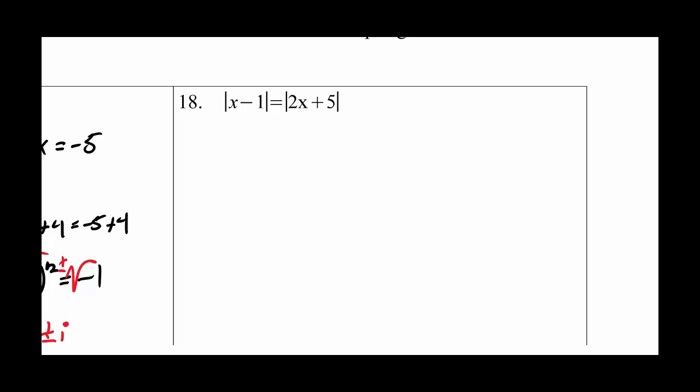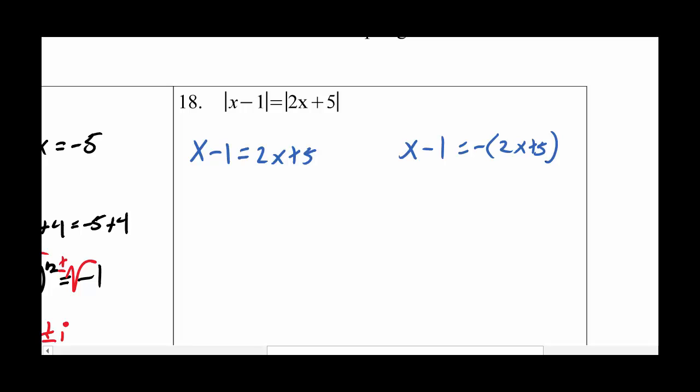Okay, number 18, again, we're going to set up two equations to get rid of our absolute values. So first we keep everything positive. So x minus 1 equals 2x plus 5. And then we make one side negative. And then we just solve each equation independent of each other.